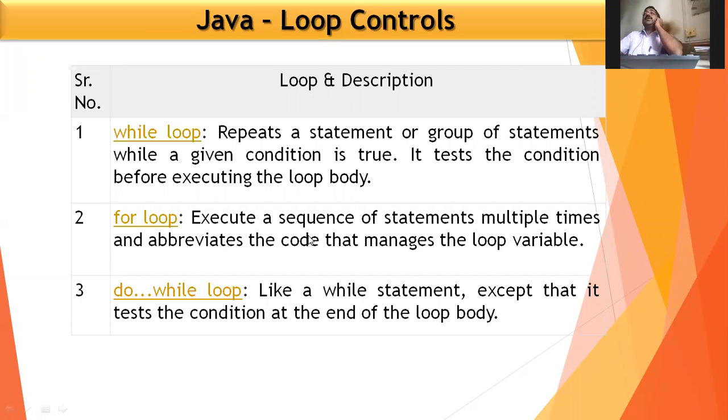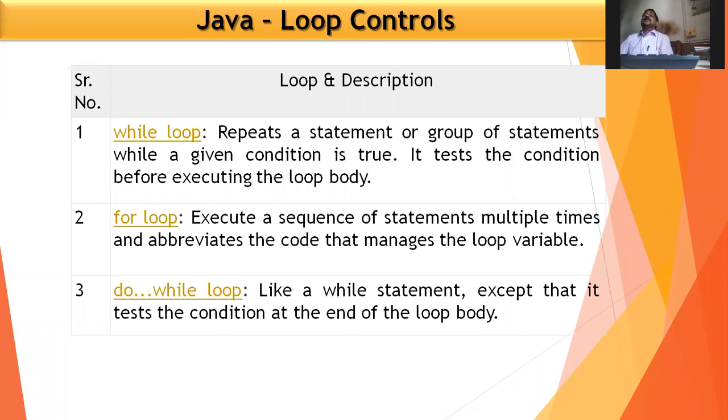Now we know that the loop control will have four different things. The four things which are considered: first is the initialization of the variable, second the condition, third is the counter, and fourth is the body of the loop. So in every loop we try to write all these four steps.